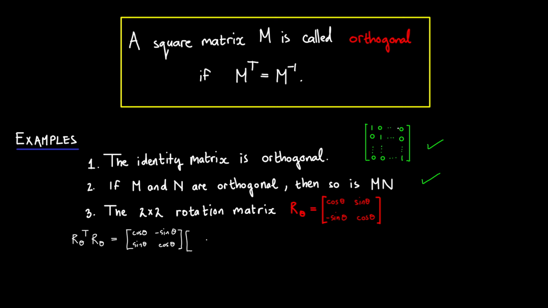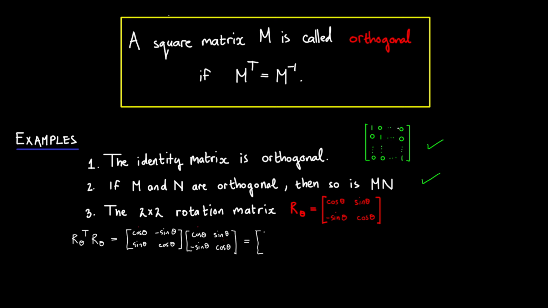And so let's multiply this by R theta, which is cos theta, sine theta, negative sine theta, cos theta, and let's see what we get here. So what is this equal to? Well, in the first entry here, I'm multiplying cos theta by cos theta. So what am I going to get?